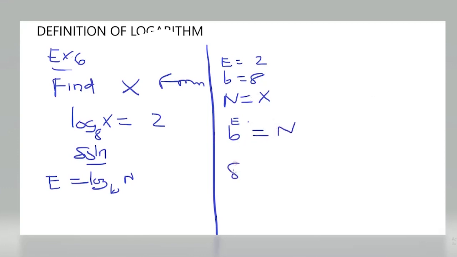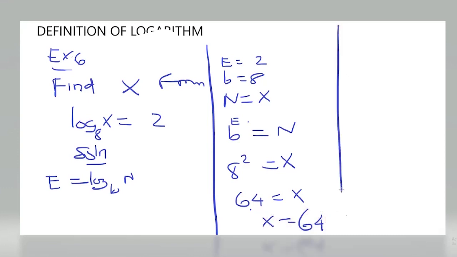Our base is 8 and our exponent is 2, which is equal to the number x. From this expression I can say 64 is equal to x. Conclusively, the value of x is equal to 64, which is the answer.